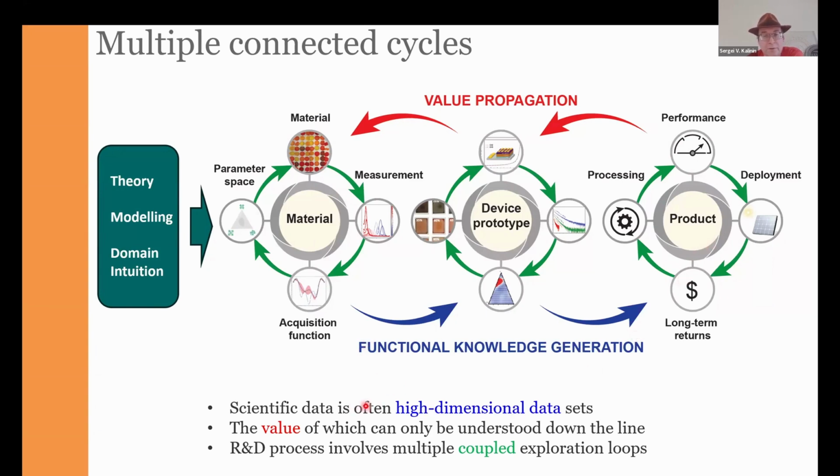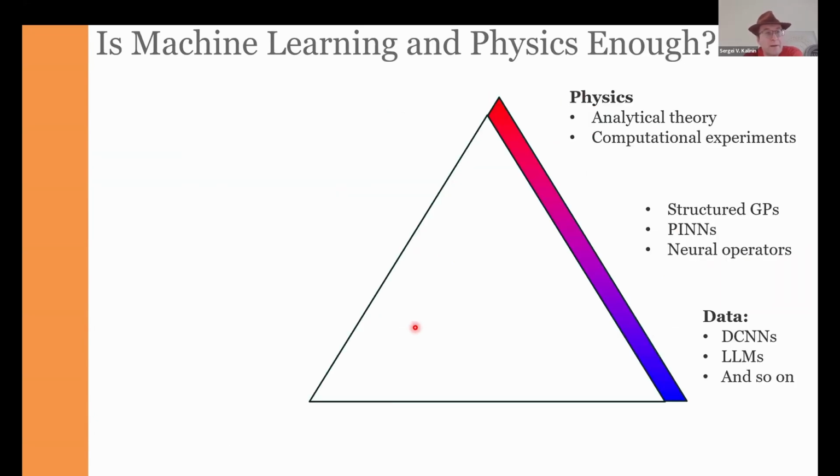And also scientific data is always very high dimensional. So how do we understand what value it contains, both in terms of fundamental discovery and in terms of economy, is non-trivial. And then when we were thinking about this type of stuff, the natural question you may ask is whether machine learning and physics are enough to deal with this type of models.